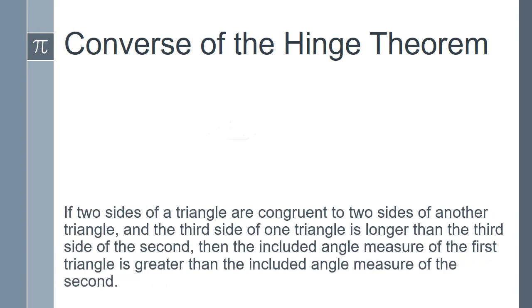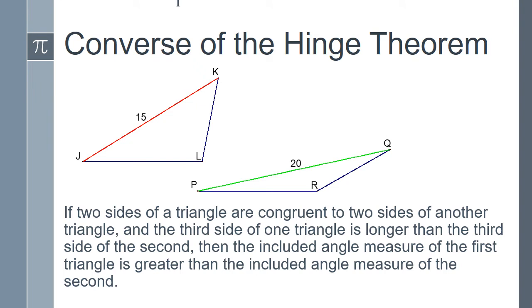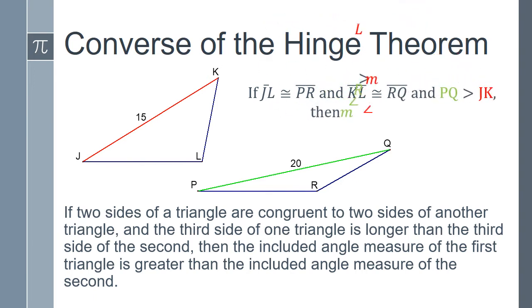Now the converse of this hinge theorem is this. If I've got two triangles and within those triangles I've got some congruences between sides, so if I have this scenario, I have JL is congruent to PR, KL is congruent to RQ.